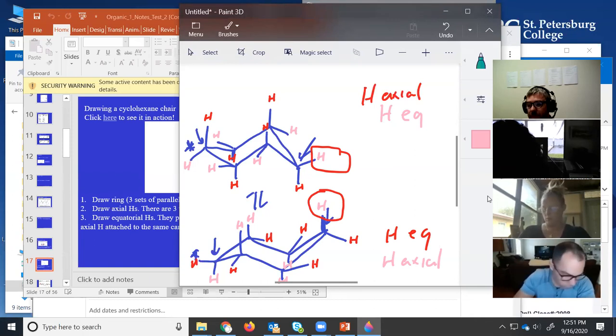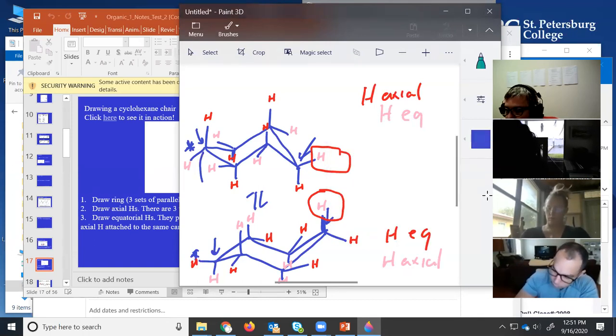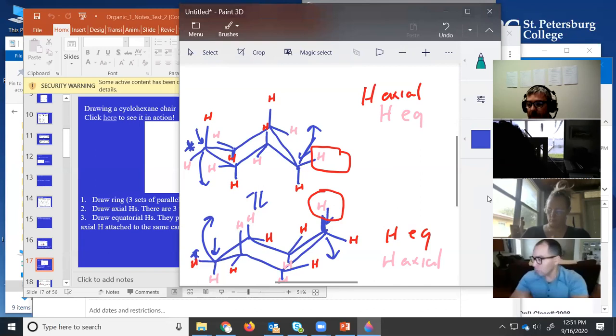But the reason it happens at all is because this carbon is being twisted downwards and this carbon is being twisted upwards. And of course, it goes both ways. This will go down and then this one will go up to come back to the other one. But that's the nature of the interconversion.